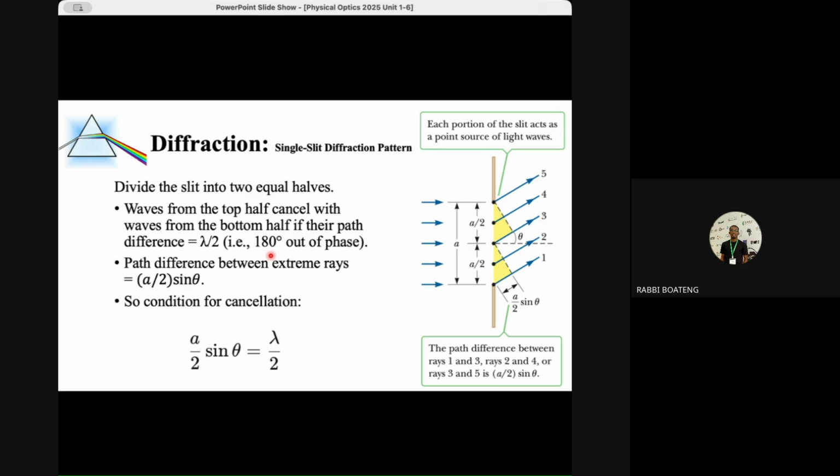Now, if we do that, we can, of course, equate it to what? Our phase difference. We know that our phase difference of half aperture is A over 2 sine theta. Now, it's going to be equated to what? The wavelength divided by 2. Is that okay? And this particular one is for a minima, that is a destructive interference.